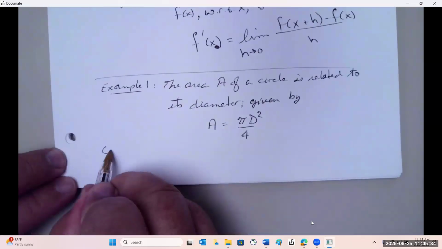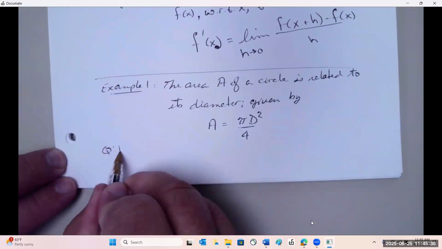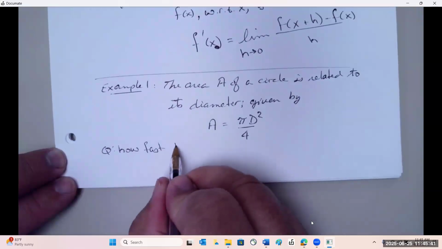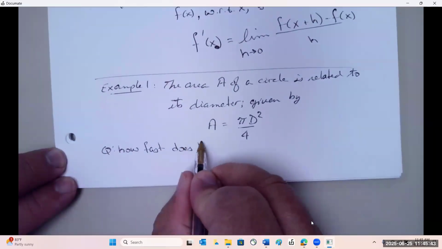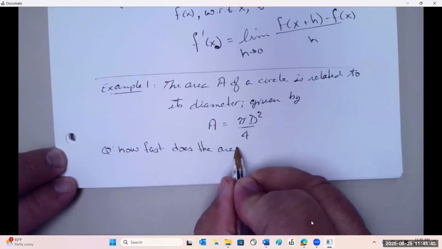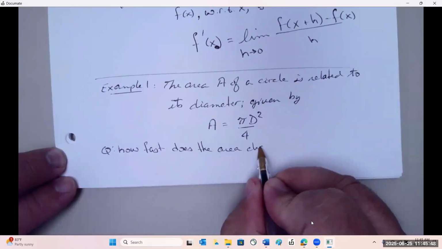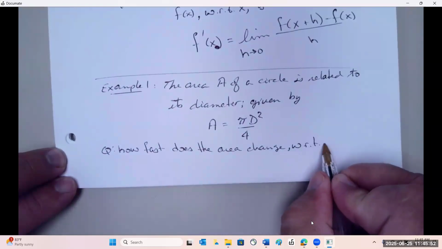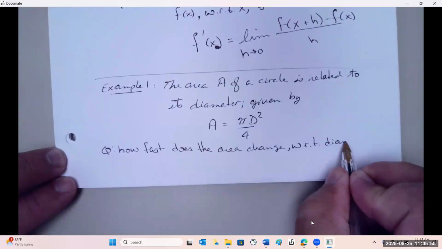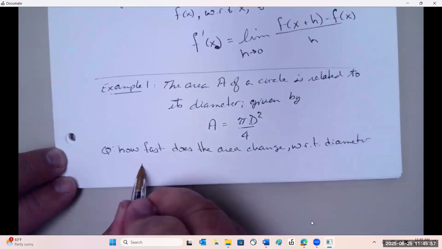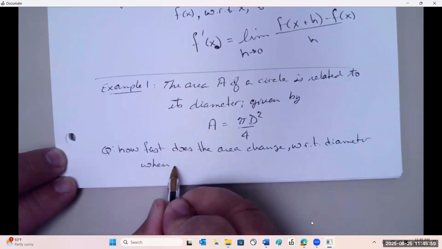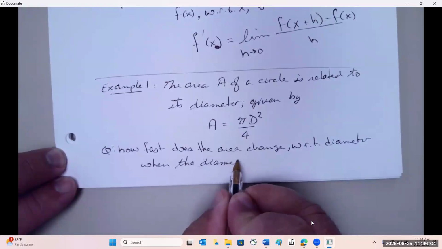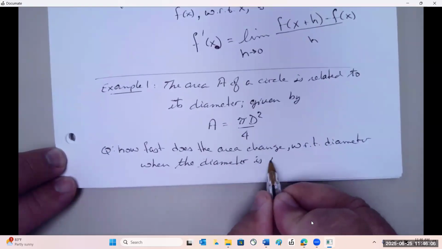So my question is this: how fast does the area change with respect to its diameter when the diameter is 10 meters?